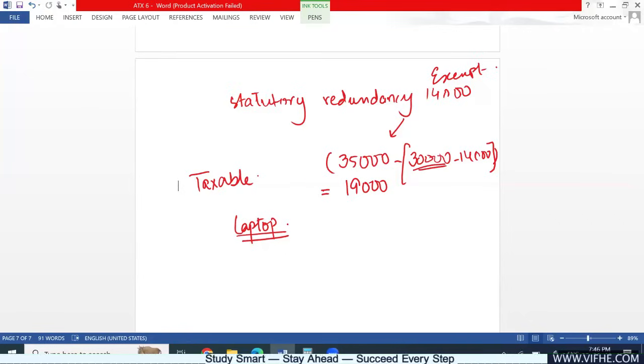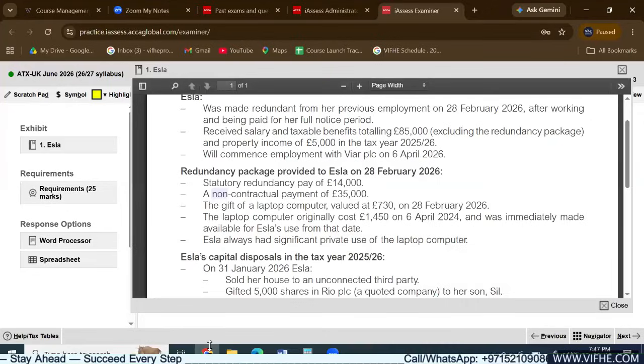But instead of treating that taxable value as a part of normal employment income, we'll treat it as a part of their redundancy package. Okay, so the information is that she was given a laptop computer back on 6th April 24 for use, having a cost of 1450.